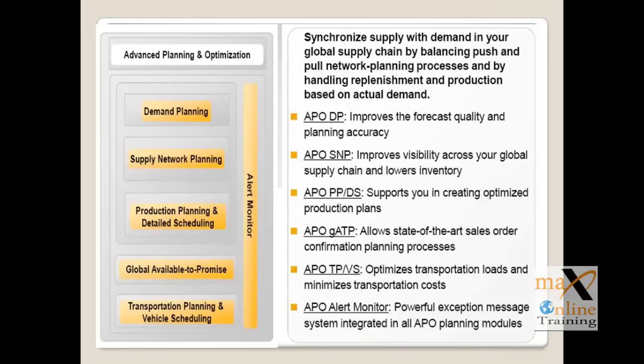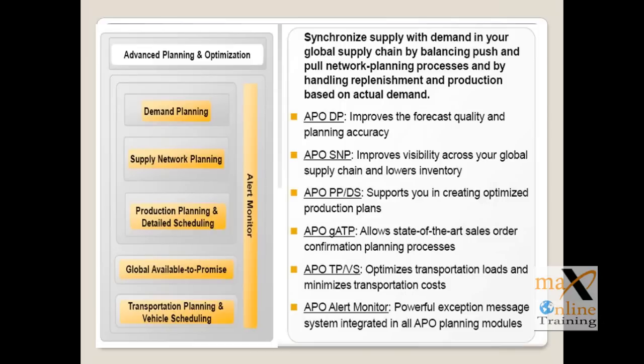Normally, if a company is planning to implement APO, how will they start? First they will implement demand planning, which takes care of forecasting. Then they can go for the implementation of SNP, which takes care of mid-level planning and the distribution of the inventory.